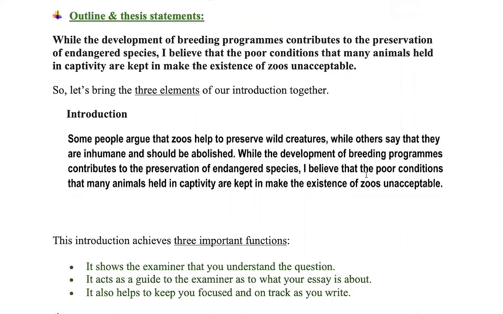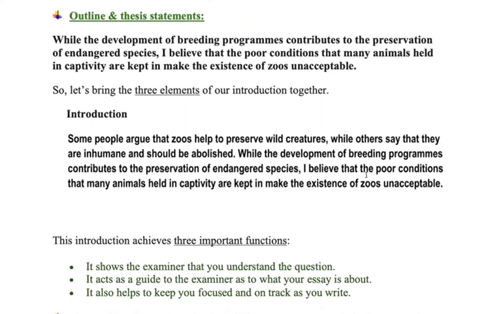So we understand that there are two groups. Some say zoos are useful for protecting wild animals, and others say that it's cruel and zoos should be closed down or abolished because it's cruel and inhumane. So now we have already explained that.